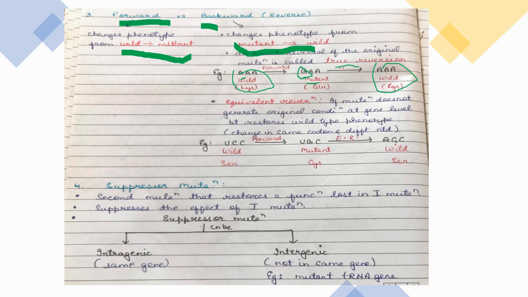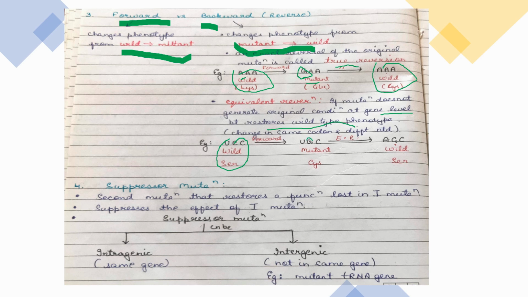Now next is equivalent reversion. In this, a mutation does not generate the original condition at gene level, but it restores the wild type phenotype, that is, a change in codon and a different nucleotide. Here we see that UCC is wild type, it codes for serine. Now forward mutation takes place, it forms UGC.